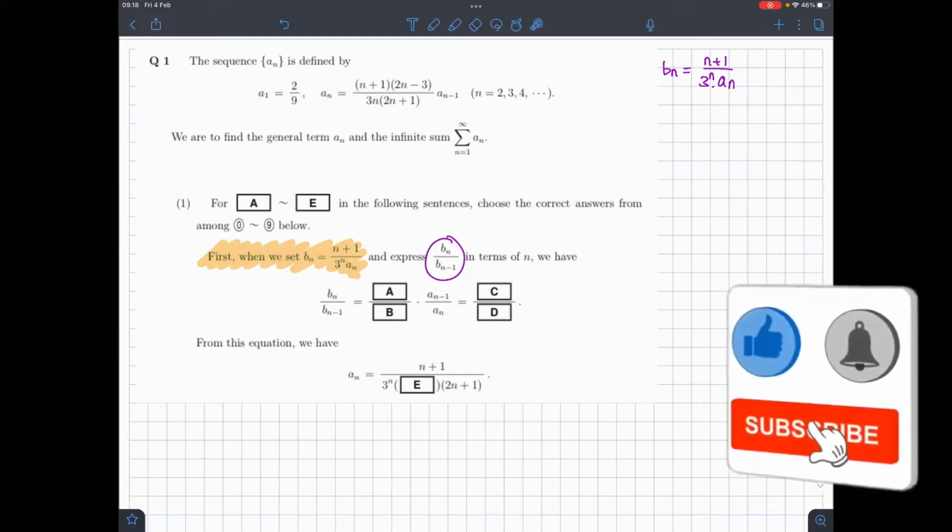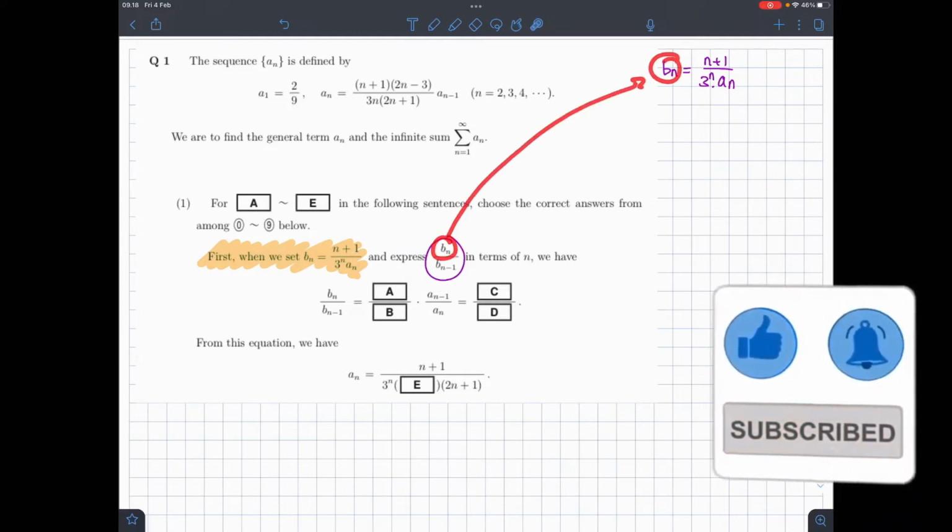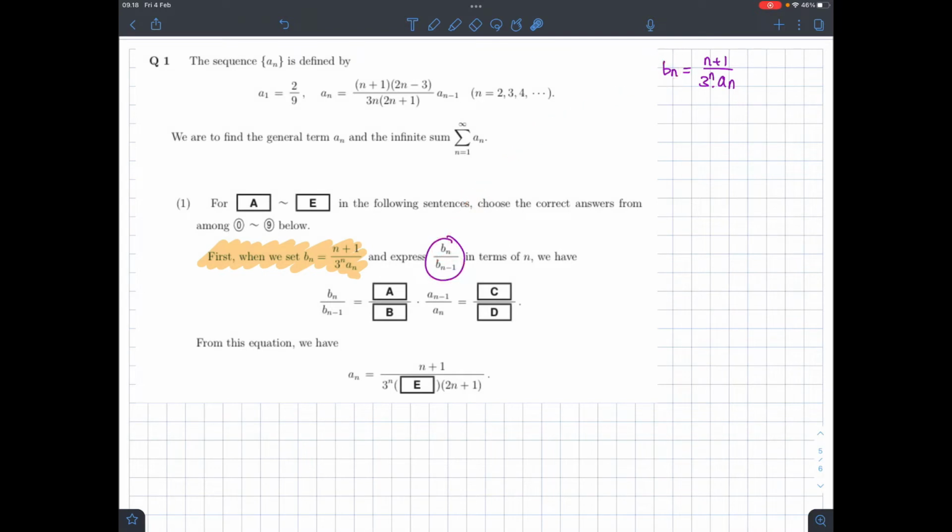We already have bn, but we need to find bn minus 1, so be careful. This is changing the index: all n here need to be replaced by n minus 1.